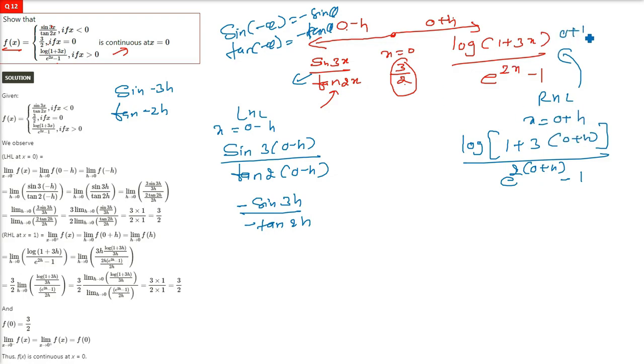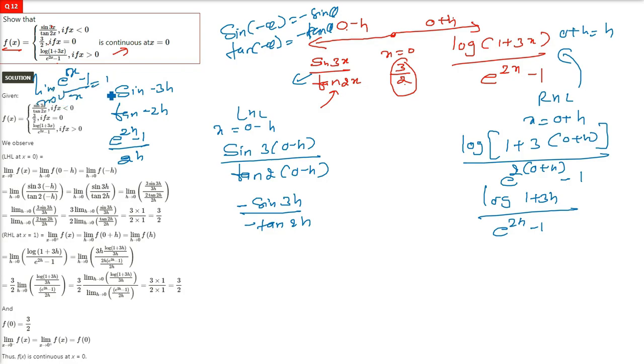On the right hand side, it is 0 plus h. Of course, h we are going to use. Log 1 plus 3h divided by e raised to h minus 1. Now there are 4 different limits which we need to use, because e raised x minus 1 divided by x, if we take the limit as x tends to 0, is 1.